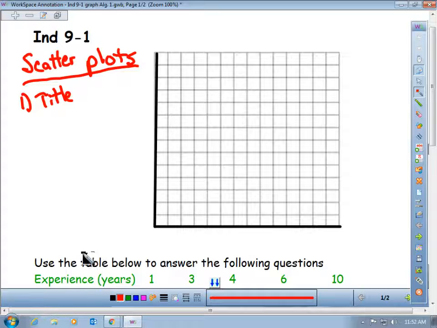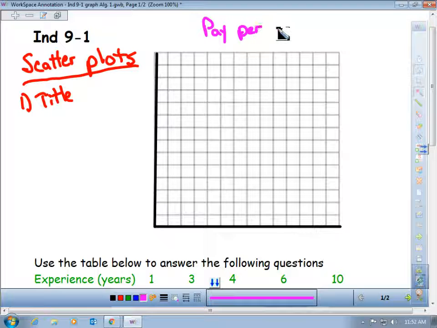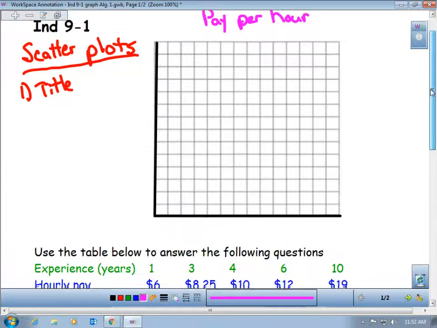Okay, so we're talking about experience and hourly pay. So let's call this your pay per hour. And guys, it can be a little bit different. You can title it something a little bit different than others. It doesn't have to be exactly the same.